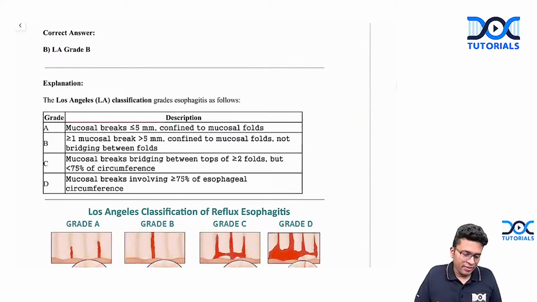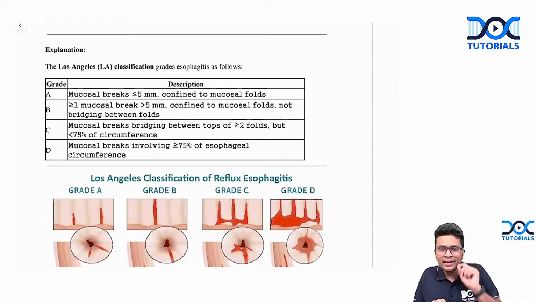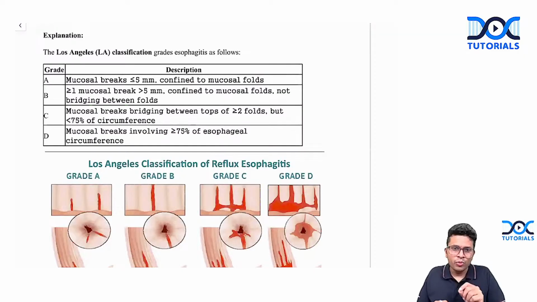A stands for mucosal break less than 5 mm and confined to mucosal folds. B is more than one break, more than 5 mm, but confined to mucosal folds, not bridging between folds. C is where it's bridging between 2 or more folds but involves less than 75% of the circumference, and D is more than 75% of the esophageal circumference.